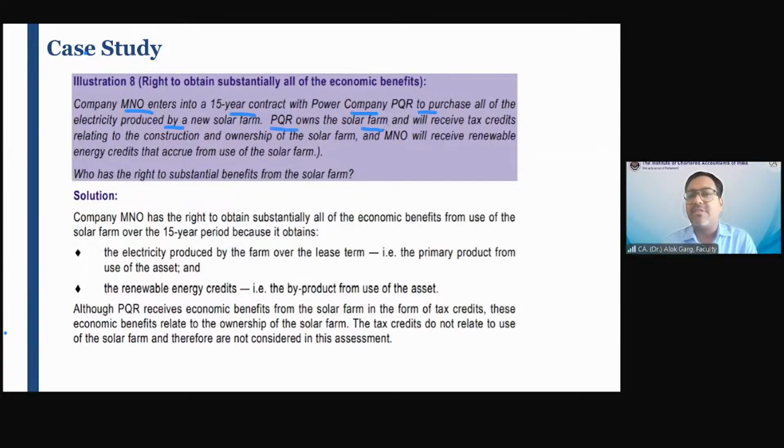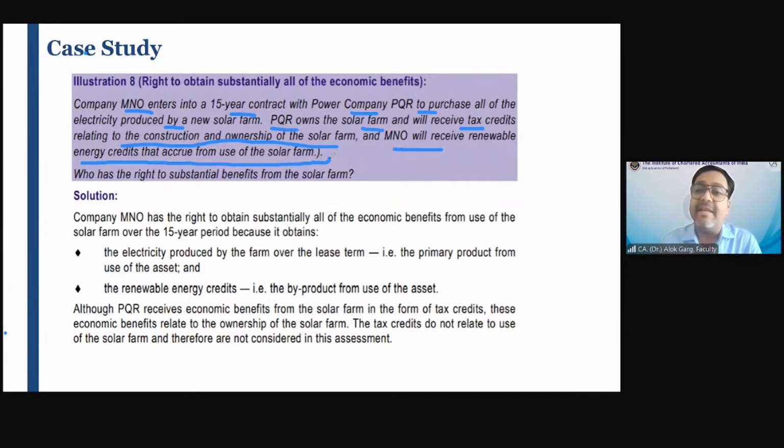PQR owns the solar farm. Who is the owner? Who is the lessor? PQR. And PQR will receive tax credit relating to the construction and ownership of the solar farm. So who is getting the economic benefit in relation to the construction and ownership? Lessor, PQR. And MNO will receive renewable energy credit that accrues from the use of the solar farm.